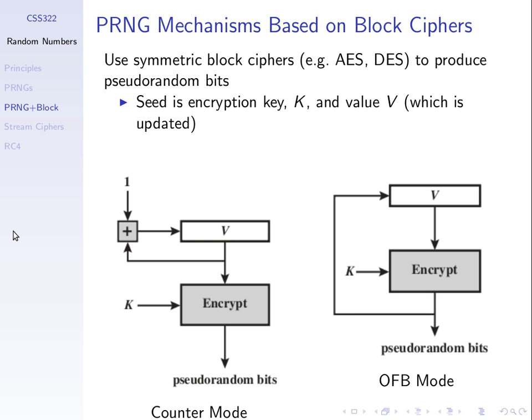And there are different ways that you can use the block cipher to generate a pseudo-random number. Here's the example. We can use our different modes of operation, the counter mode or output feedback mode. Our counter mode, remember, we just take some initial value, encrypt a block, and increment that value to encrypt the next block. So in this case, we take some initial value V, some key K, and encrypt V, and we get some ciphertext out.